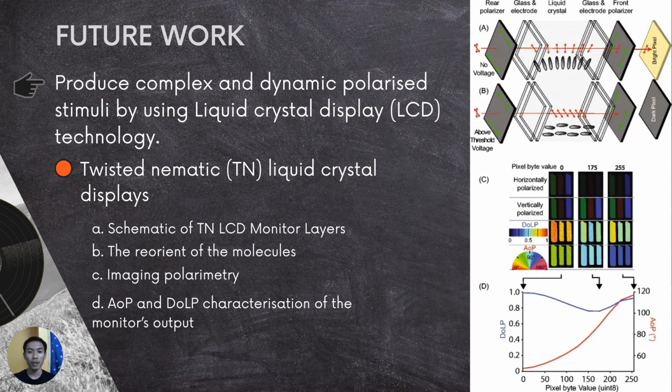Imaging polarimetry shows red, green and blue subpixels in a twisted nematic panel converted to an angle of polarization monitor via removal of the front polarizer. AOP and DOLP characterization of the monitor's output across the 256 interval input scale shows the gradual change in rotation of AOP of light as the input value increases. AOP is angle of polarization, while DOLP is the degree of linear polarization.